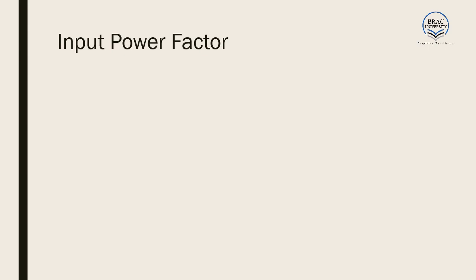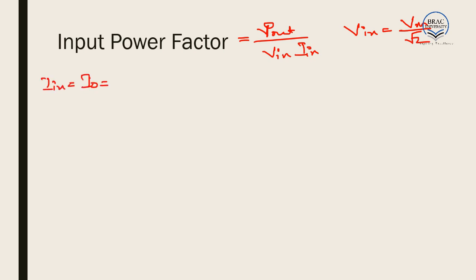We know input power factor is equal to P out divided by V in I in. Now we know V in is equal to Vm by root 2 since the input voltage is purely sinusoidal. I in is equal to I out is equal to V out by R, because everything is in series.